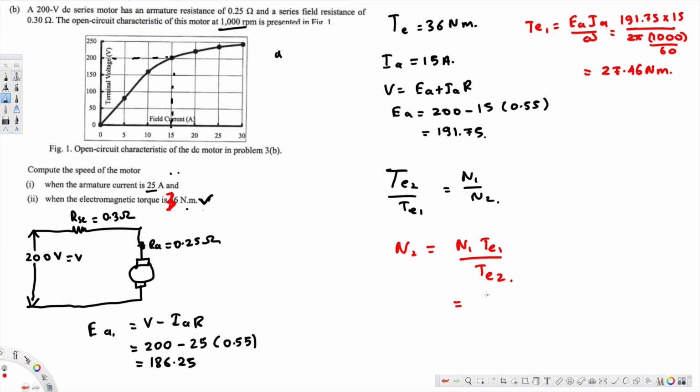N1 is the initial speed, 1000, times TE1, 27.46 Newton meter, divided by TE2, 36 Newton meter, and that gives us 762.94 revolutions per minute, and that is N2.